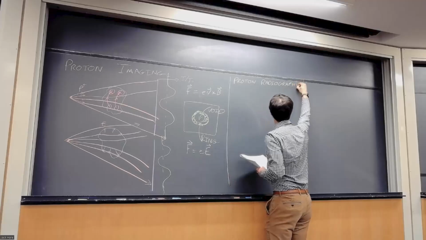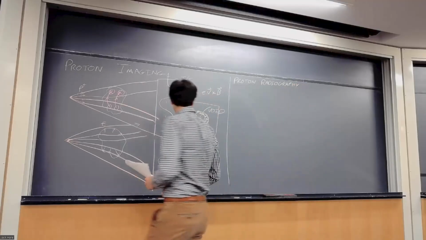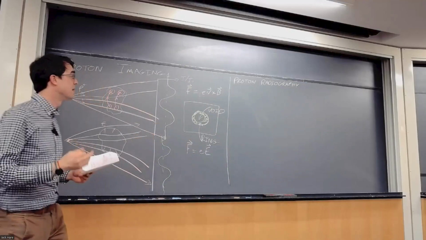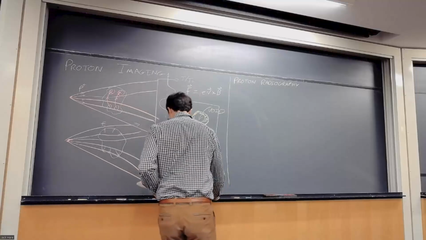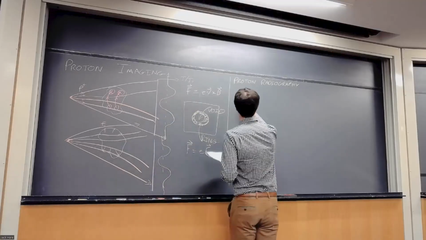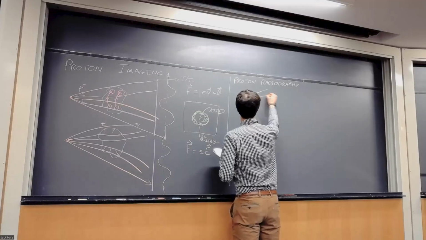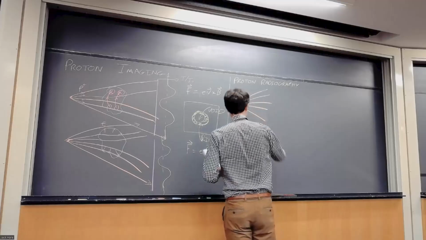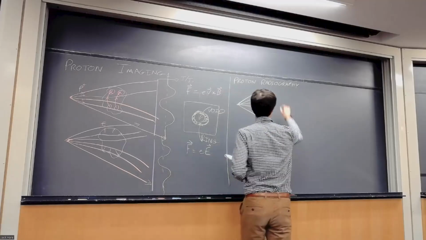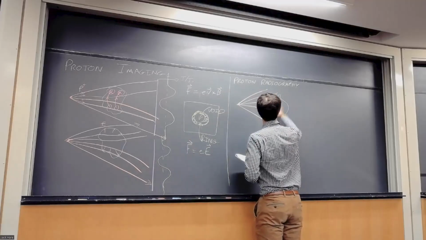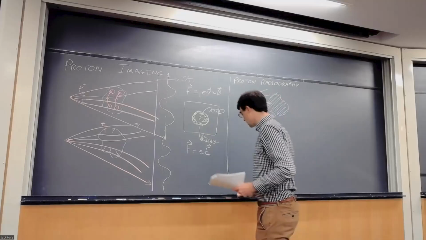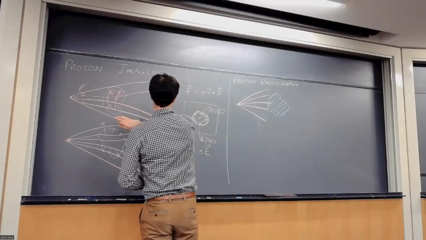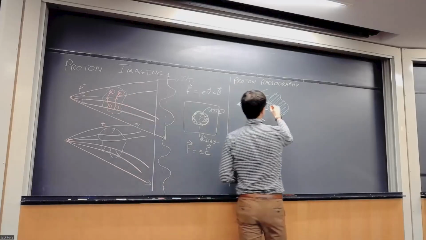Proton radiography, the radiography here is to make you think about X-rays and X-ray radiography, which is where you have your beam of particles and you have some very, very dense plasma here. And because it's so dense, these particles don't stream through it and just feel the electric and magnetic fields.